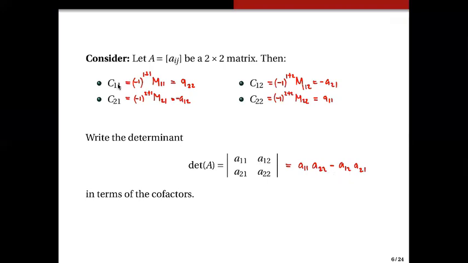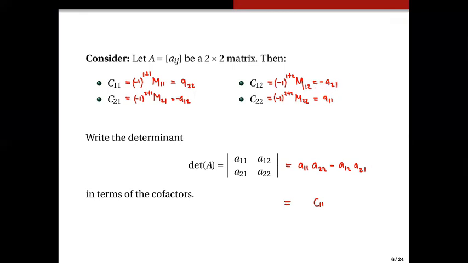So what I'm saying is, for example, in this formula, C11 is equal to A22. So this A22 here will replace that C11. And here we have C12, which is equal to negative A21.